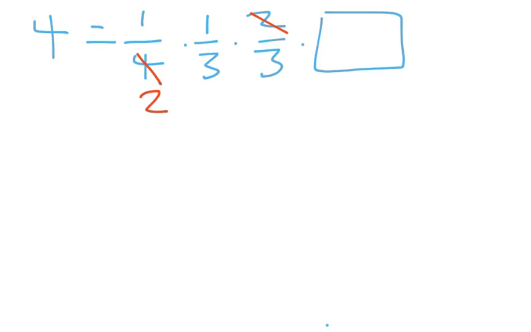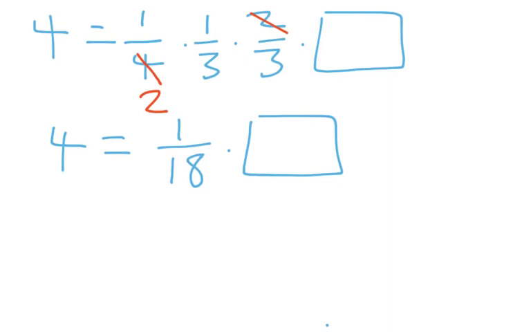Then multiplying the fractions, we multiply across the numerators, we multiply across the denominators. 1 times 1 times 1 is 1. So 4 is equal to 1 on the numerator, and in the denominator, 2 times 3 is 6, times 3 is 18. 1/18 times what?